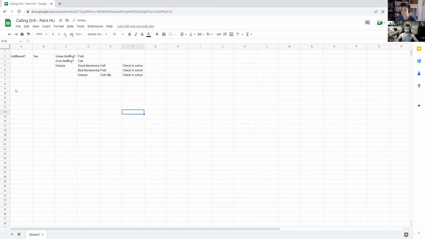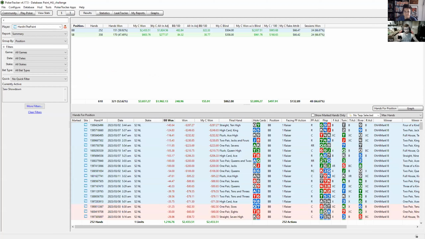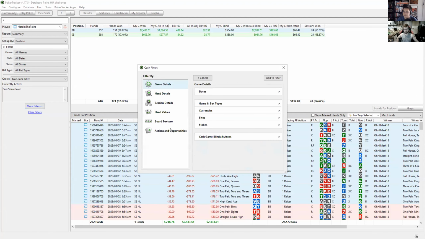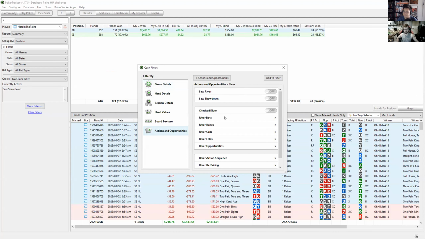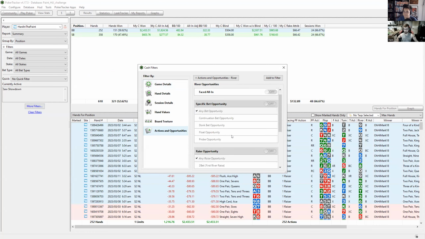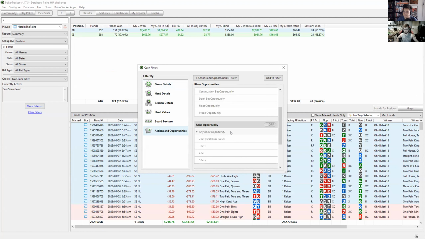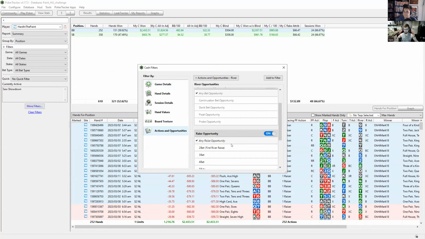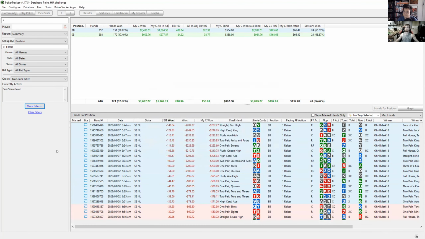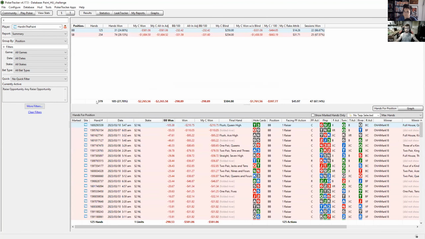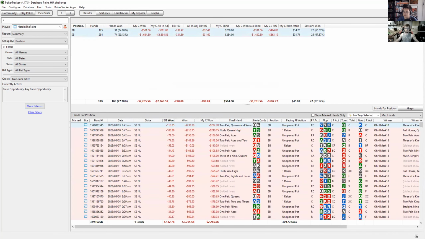Okay, so this is the spreadsheet. Now what I want you to do is go through the hands where, and we're just going to filter it, where we just faced a river bet. Around 79 hands. Right, you got a lot of these.